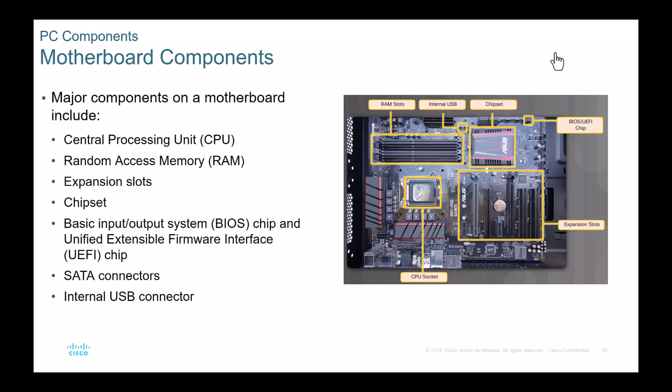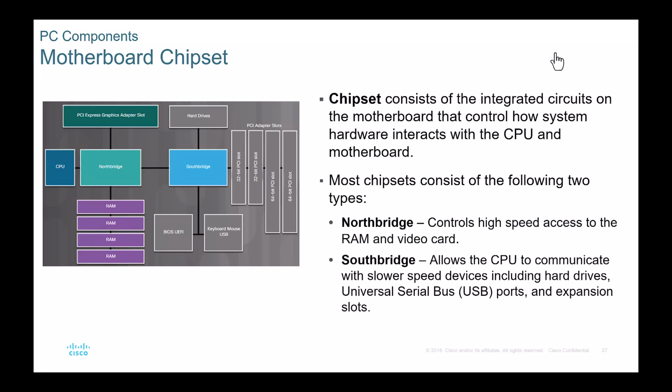So you can see here we have our video slot, but then we have some other expansion slots. That's going to be for things like our audio cards, or maybe we have a capture card. We might have a USB 3 or USB-C expansion card. Those don't need to go as fast as our graphics card, so those are going to be on our south bridge. So does that make sense?